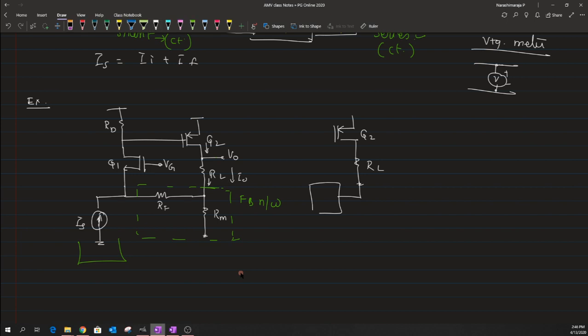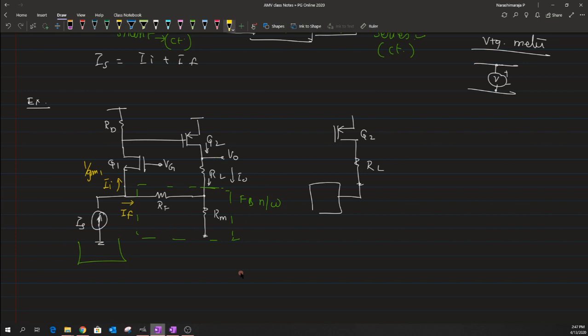And again, when we look back, clearly you could see that there is a current component Is, and this could be modeled as one current component II, and the other current component IF. This is our feedback current. Clear? Now, because the input impedance of this source terminal is pretty small, which is 1 by GM1, the current can flow through this network.